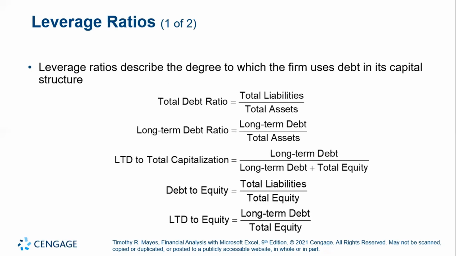Leverage ratios describe the degree to which the firm uses debt in its capital structure. Total debt ratio equals total liabilities divided by total assets. Long-term debt ratio equals long-term debt divided by total assets.